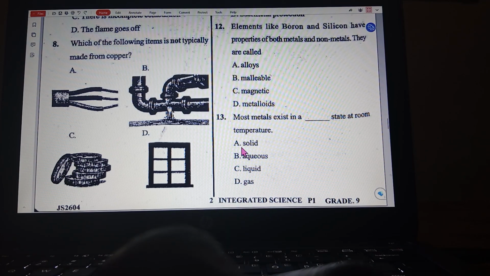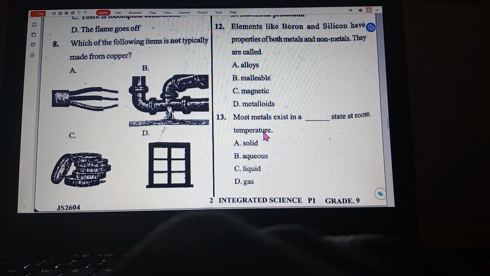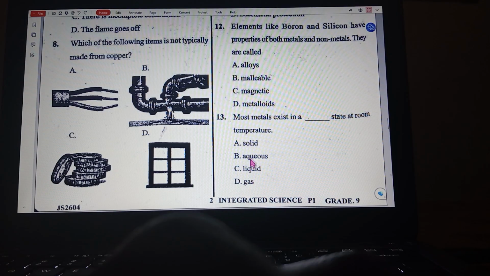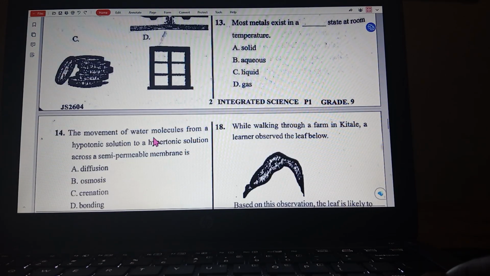The answer is A. Most metals exist in a solid state at room temperature. In simple terms, most metals are solid at room temperature, except mercury, which is a liquid at room temperature. That's good. Let's move to the next question.